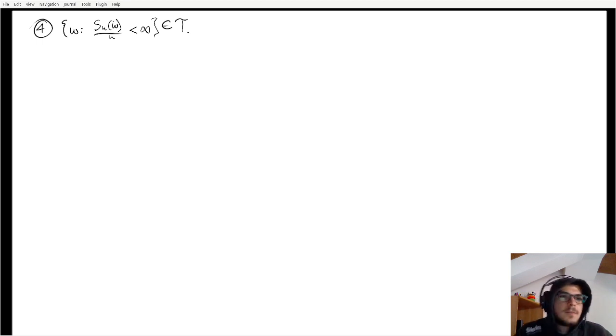This is the sum of the random variables over n, which is the average, and the average is finite. We can know that the average is finite only if we consider all the time up to infinity. Or if you want, if we change the first n random variables, the mean does not explode.